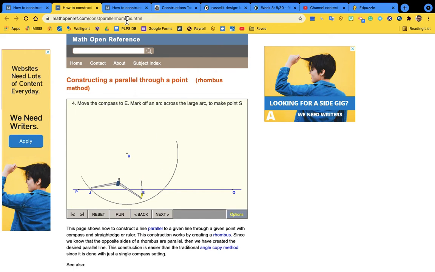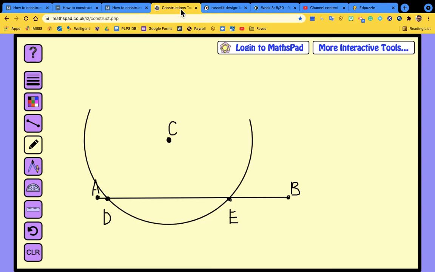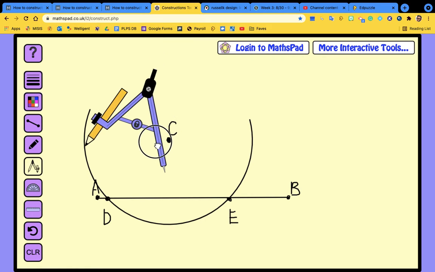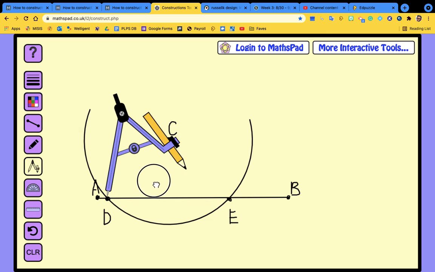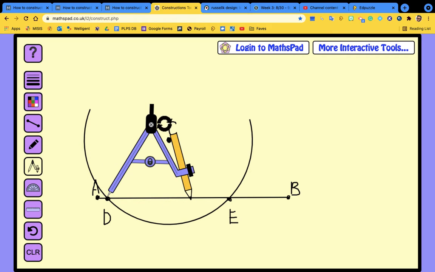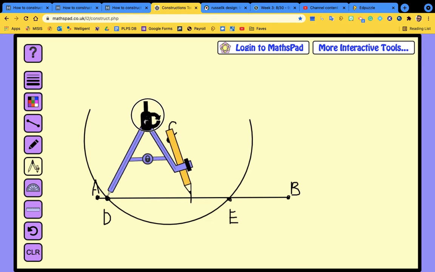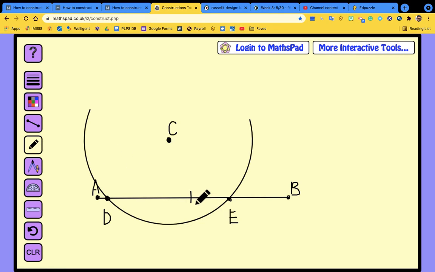So, with the same opening of our compass, we're going to place the point of our compass on E, and we're going to draw another small arc just like this. And we're going to call this point F. Creating lots of points here.